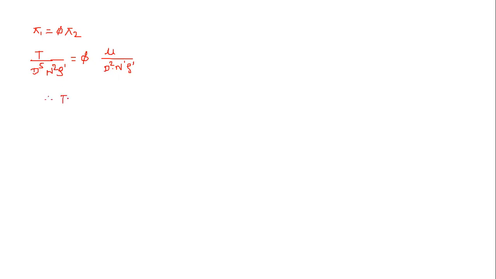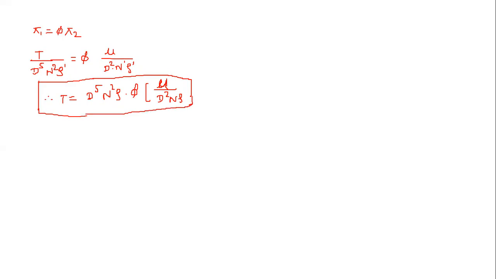Therefore, rearranging for the torque, T will be equal to, here it was in the denominator, these terms will be in the numerator, multiplying them, that is d raised to 5 n square into the density power 1, and I keep as it is a function of mu, the second pi term, that is mu divided by d square into n into rho. Was this correct? Is this the same as what was asked to show? Look at the equation of what you have to prove, and check whether it is the same.